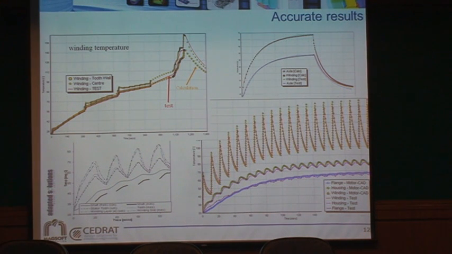Here are different types of duty cycle, and this is just to show you that all this work has been validated with measurement. So we can see here, I think this was an aerospace type of application.